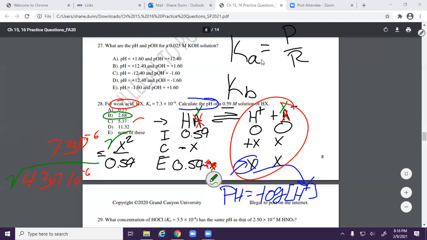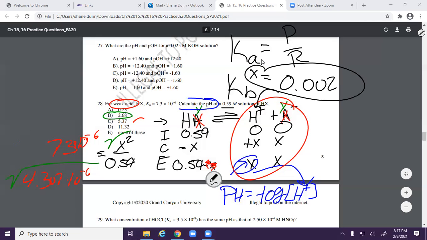Good. Speaking theoretically, the 0.7 is just a very, very small number. Okay? That's your X value, right? That's your concentration of hydrogen. Yep, but then you'll take a negative log of that. Your pH.